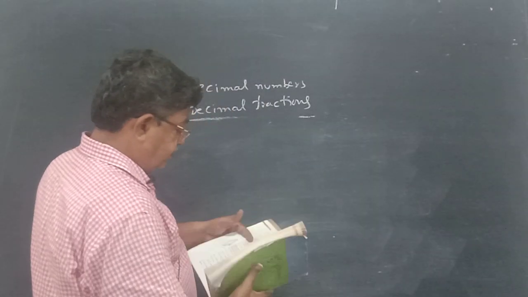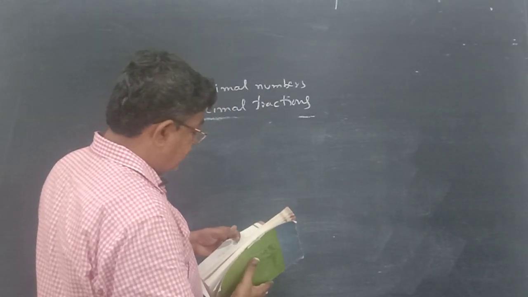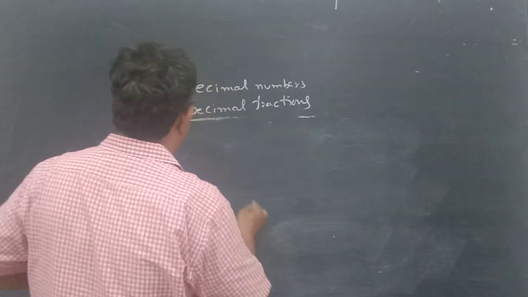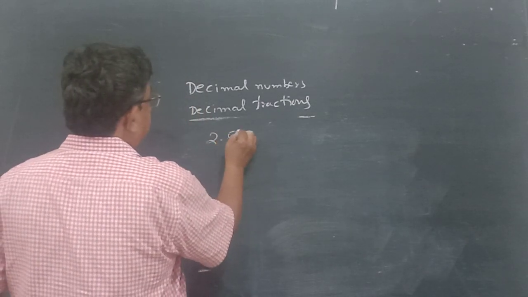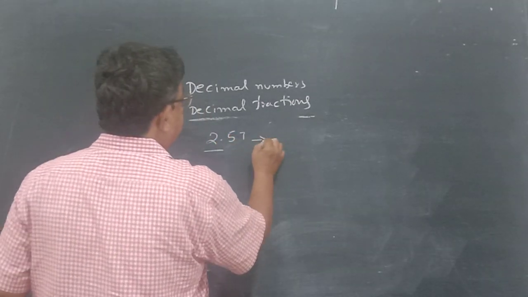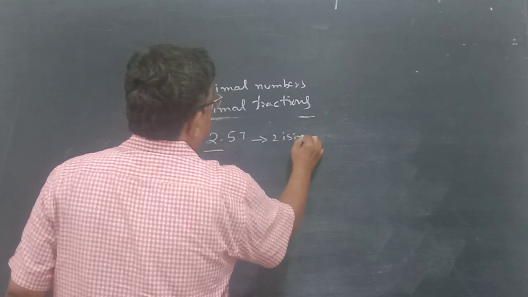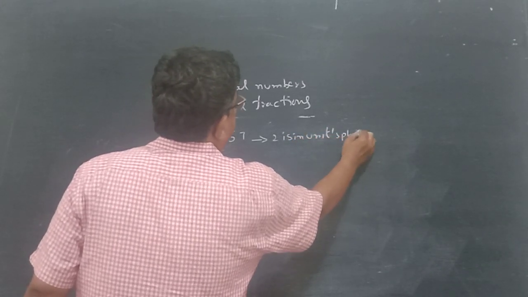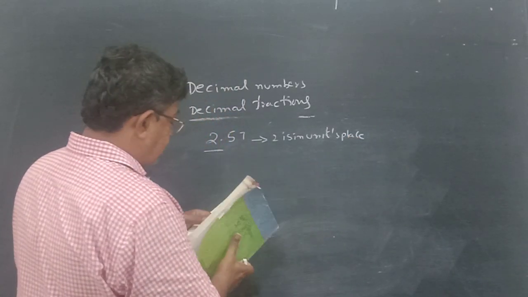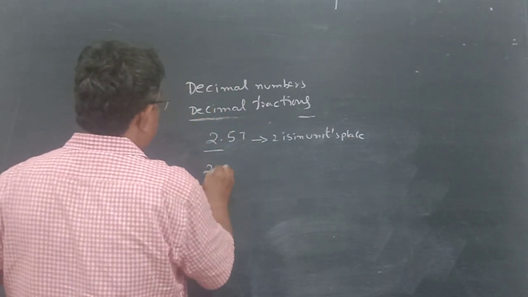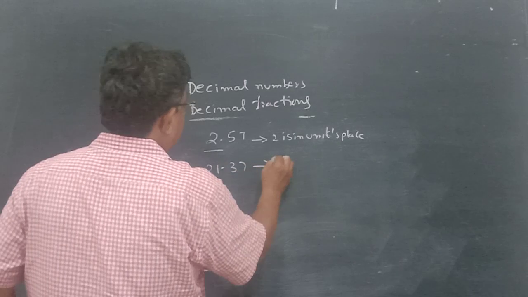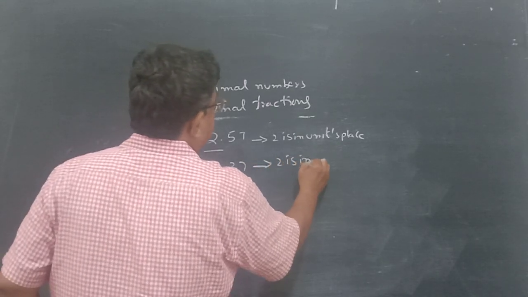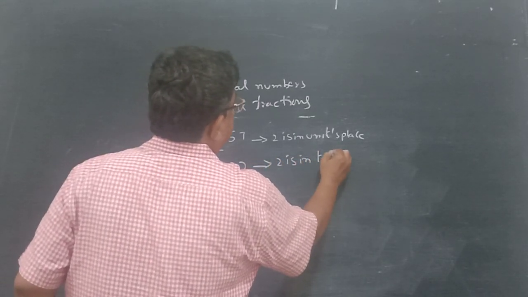Next, write the place value of 2. Where is 2? 2 is in units place, or you can write ones place. In the second number, where is 2? 21.37. 2 is in tens place.